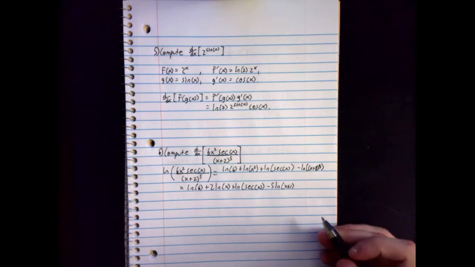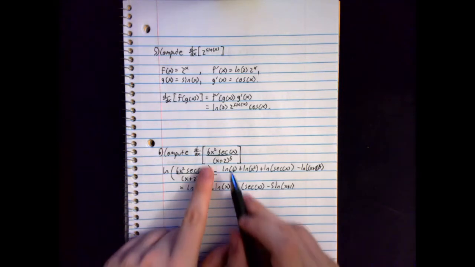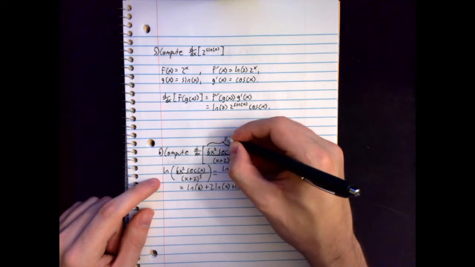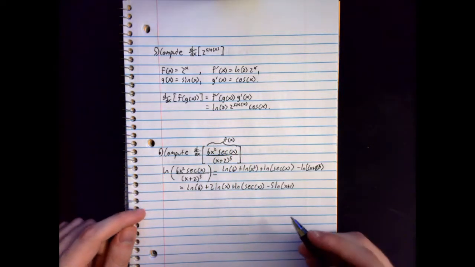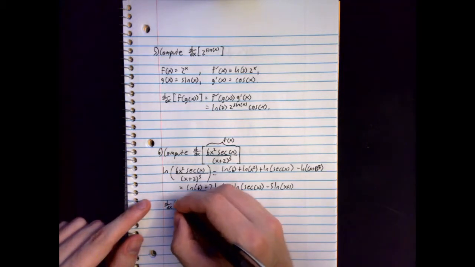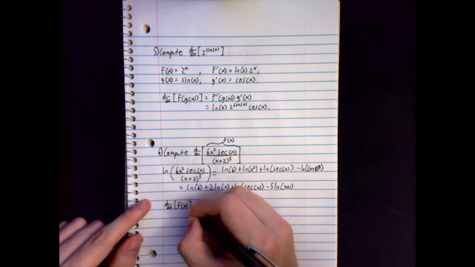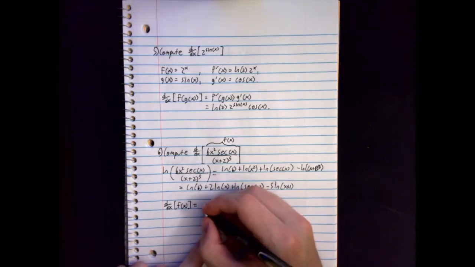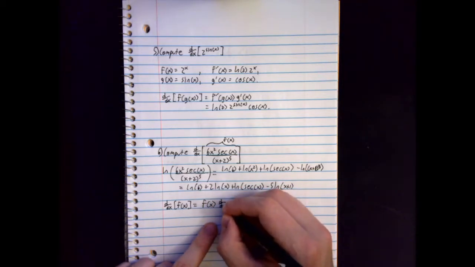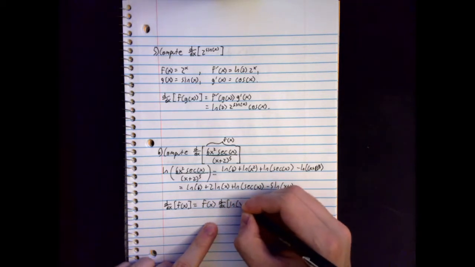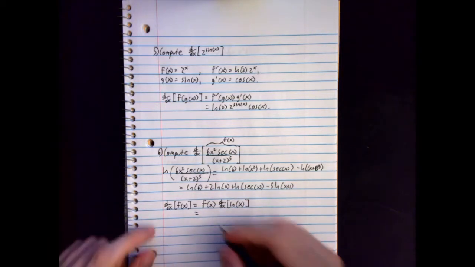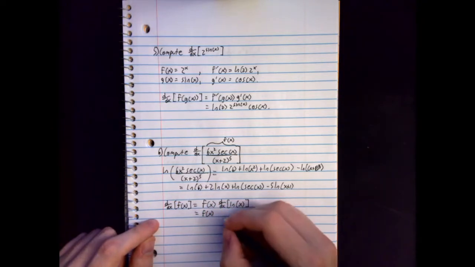And now we're ready to differentiate this thing. So if I let this whole thing be f of x, then the derivative of f of x is equal to f of x times the derivative of the natural log of f of x.